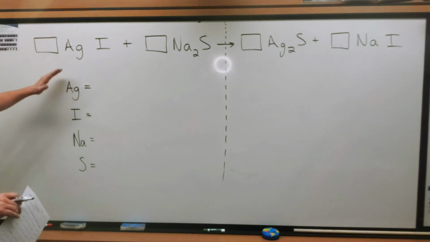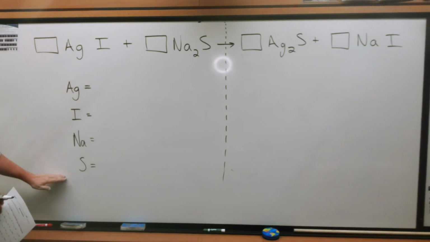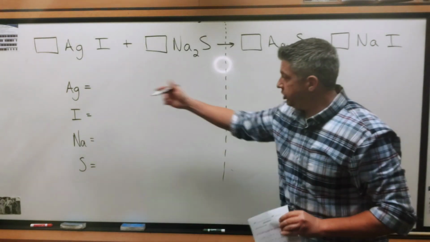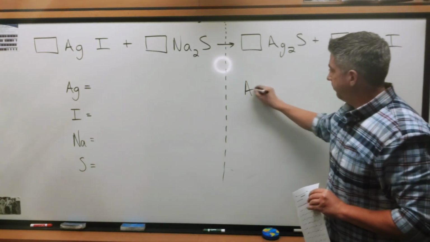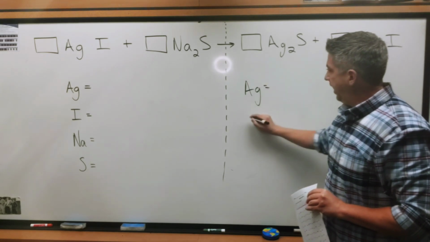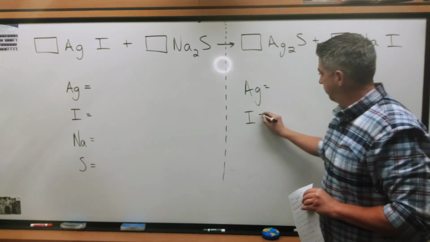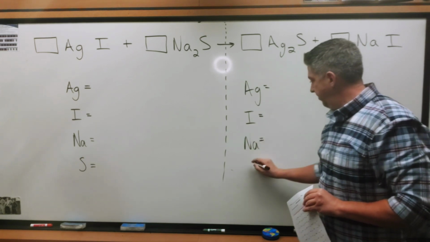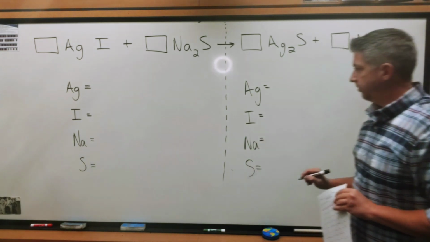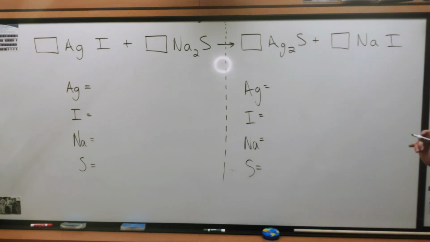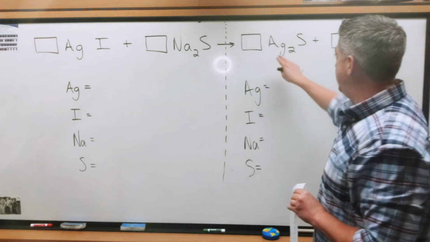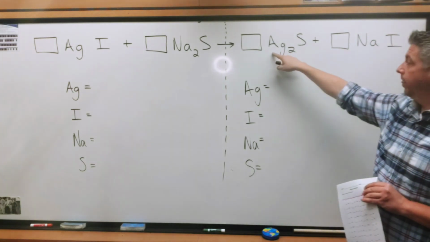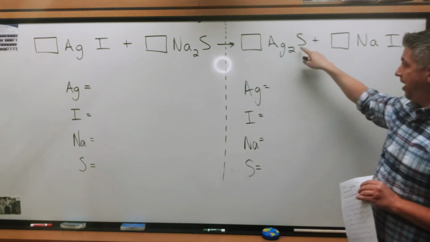Now, whatever I wrote on this side, I'm going to copy over here. So I have Ag on top. I'm going to put Ag. Then I have I. And I have Na, and I have S. Okay? Copied it in the same order. And the reason why I copied in the same order is because here it shows up in a different order. Notice that Ag shows up first, and then S. Now, I could have written it this way.